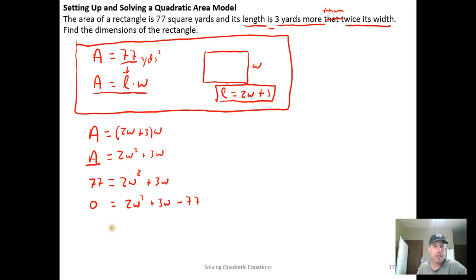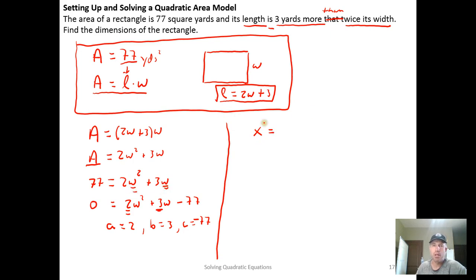For the quadratic equation, we're going to need to know what a is. A is the leading coefficient, the 2. B is the coefficient on the linear term, 3, and C is our constant, which is negative 77. So we load that information into the quadratic equation, and usually we go x equals, but we want to recognize that our input variable isn't x, it is w.